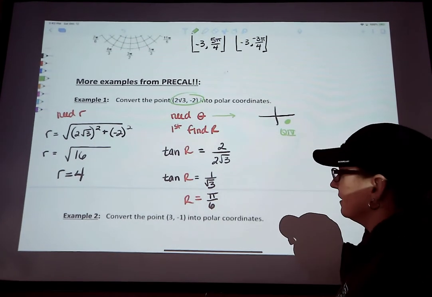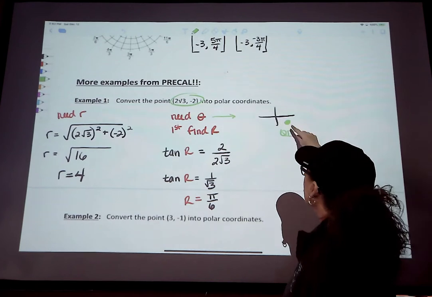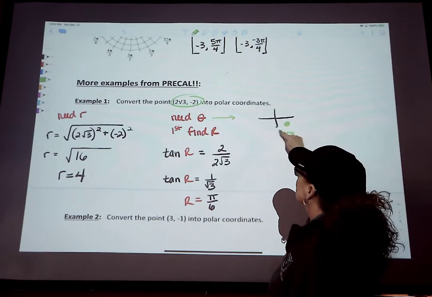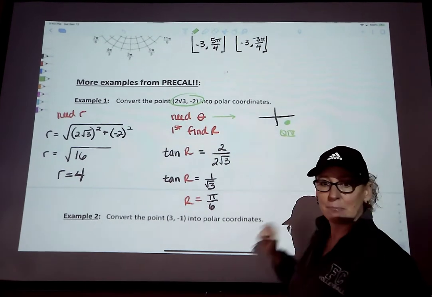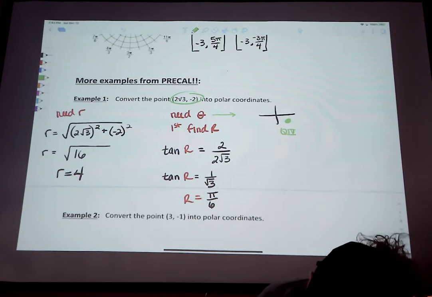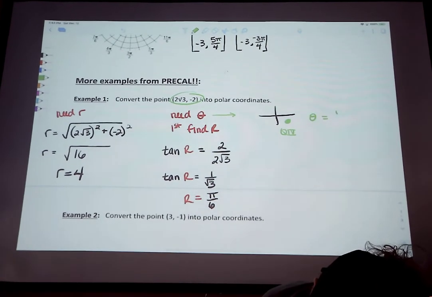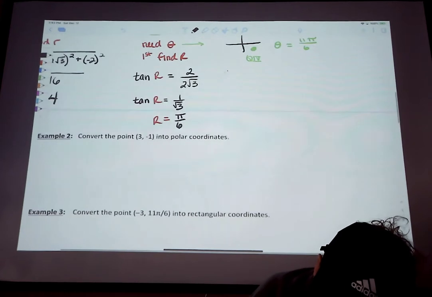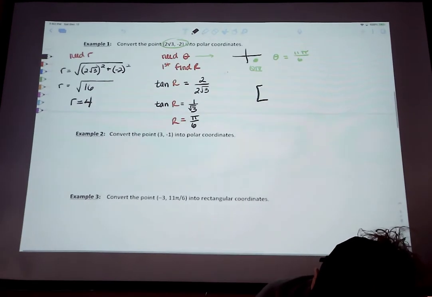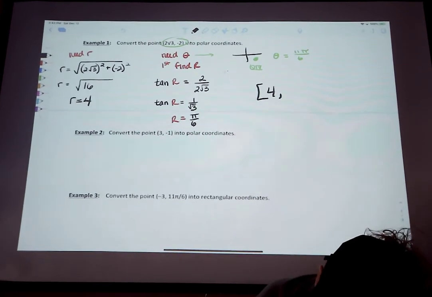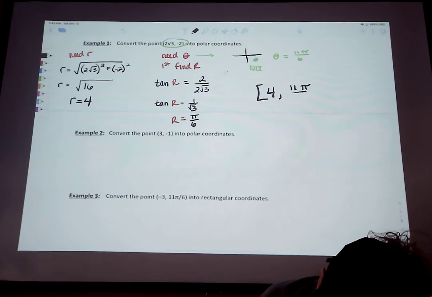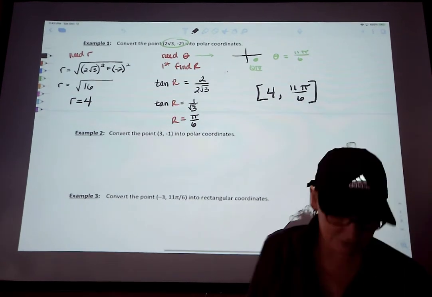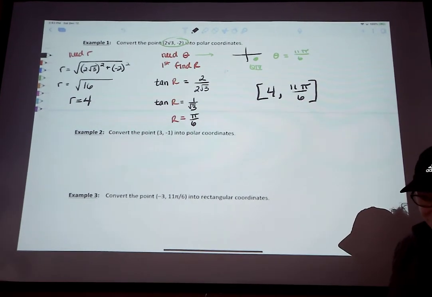What is theta? If this is my reference angle, what is theta in quadrant 4? It's 11 pi over 6. Theta is 11 pi over 6. So my polar coordinates are 4 comma 11 pi over 6.